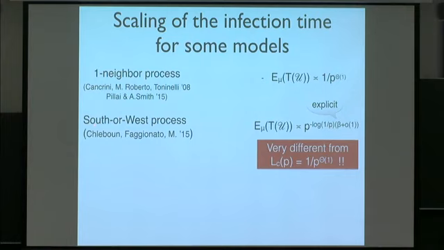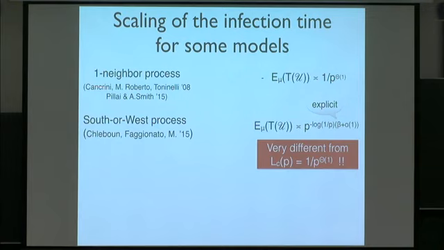Then the south or west process, namely the East process. Originally this was computed by David Aldous and Persi Diaconis, who computed the relaxation time for the same process in one dimension.